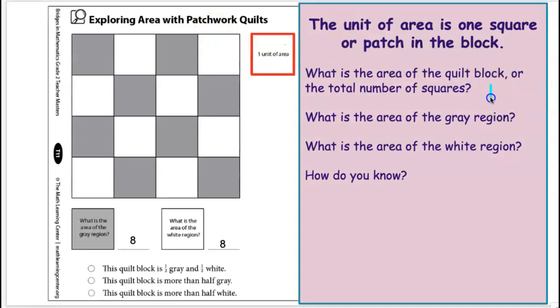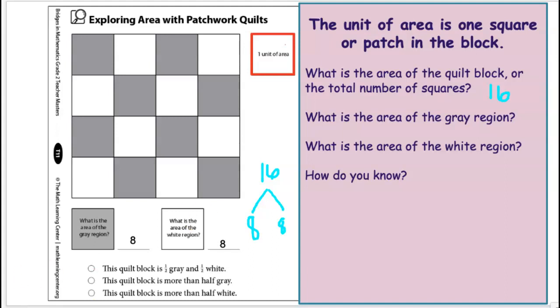So if the whole area is 16, and we can break up the number 16, we can break it up right in half. And when we break it up, we get 8 and 8. And we know that 8 is exactly half of 16.